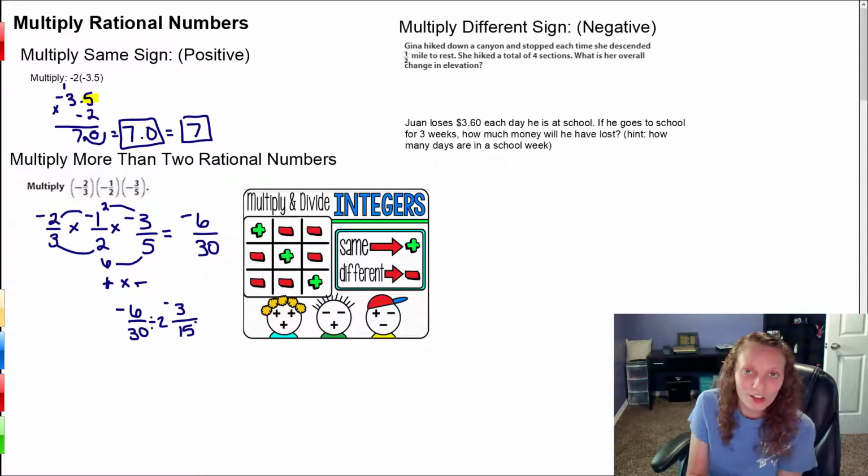This is still not in its simplest form. There is a number that goes into both 3 and 15, and that is 3. So 3 divided by 3 is 1. And 15 divided by 3 is 5. So really our answer is negative 1 over 5.